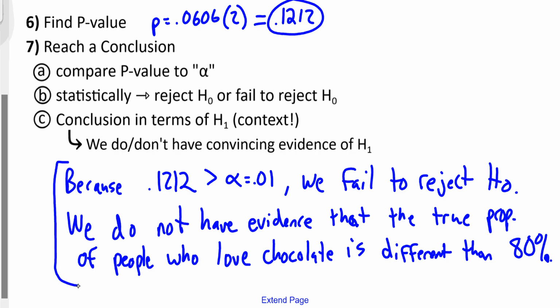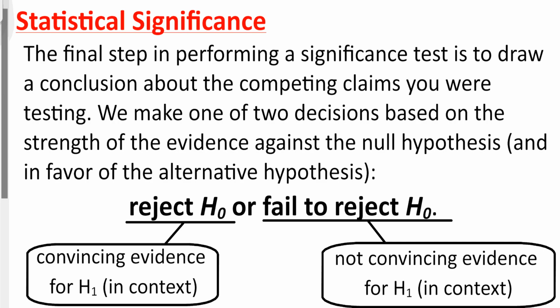Okay? So, in general, I want you to keep in mind all these steps lead to a conclusion. The final step is rejecting or failing to reject and giving it in context. If you reject it, you have convincing evidence that your alternative hypothesis makes sense and that we couldn't just have that null hypothesis by chance.